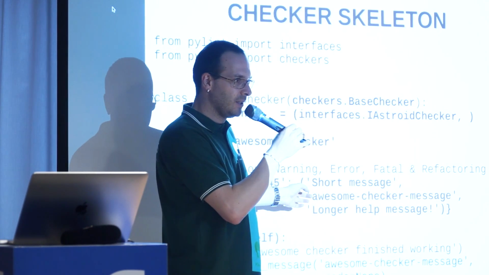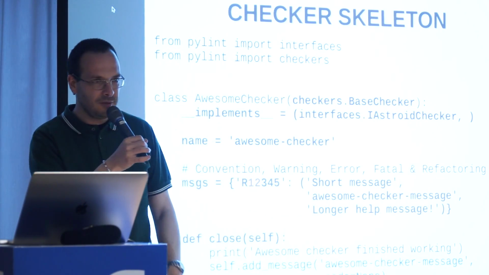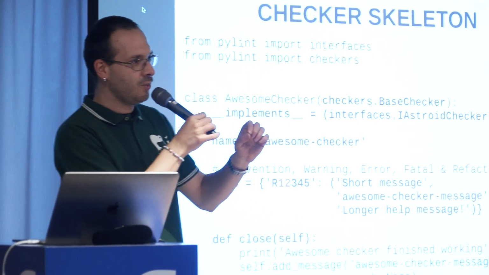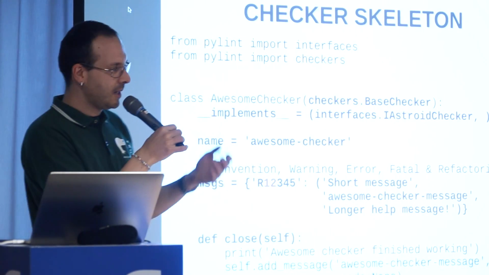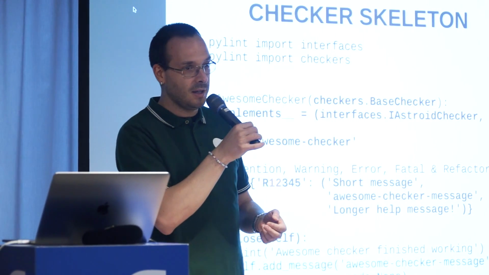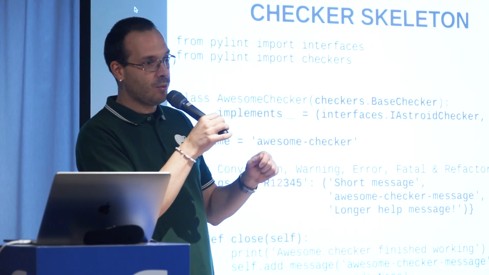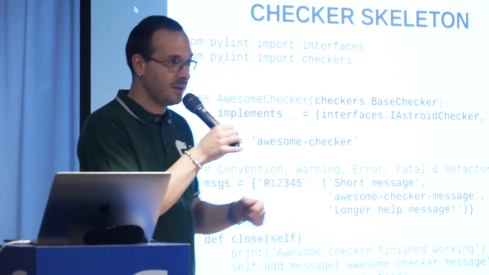The value in this dictionary is a tuple of 3 elements, so 1, 2, 3. The first element is the short error message, which you see on the terminal when you run PyLint. The second member in this tuple is the human readable message ID. This is what we use to enable or disable a checker. So for example, disable missing-docstring. Everybody does this.